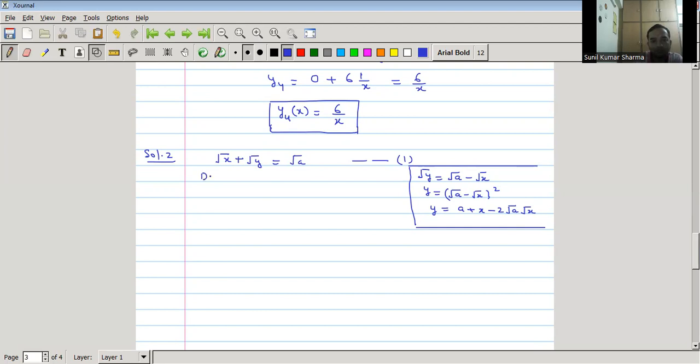Differentiate equation 1 both sides with respect to x. We get d by dx of under root x plus under root y is equal to d by dx of under root a.